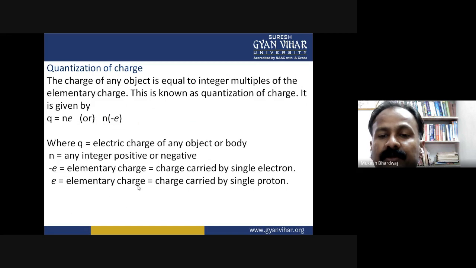However, the atomic theory of matter showed that fluids themselves are not continuous but are made up of atoms and molecules. It was in 1897 that J.J. Thomson discovered the electron. It was in 1911 that Millikan successfully showed that charges on tiny oil drops are exactly multiples of the elementary charge.